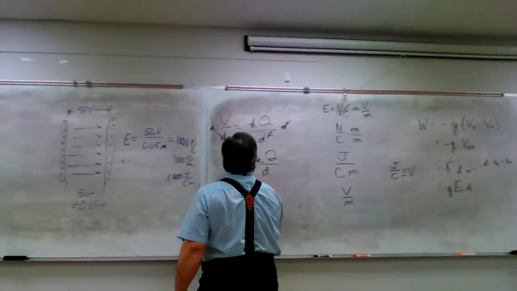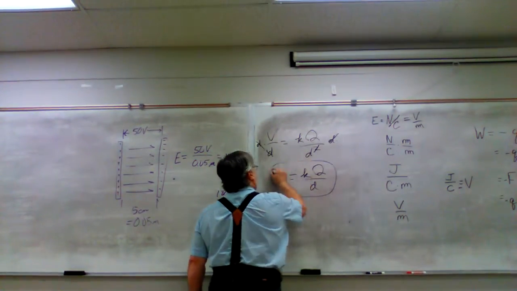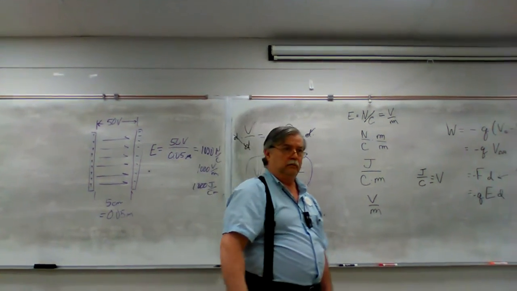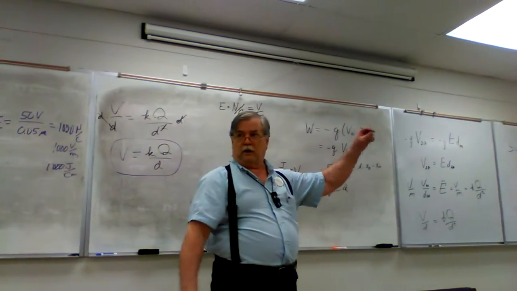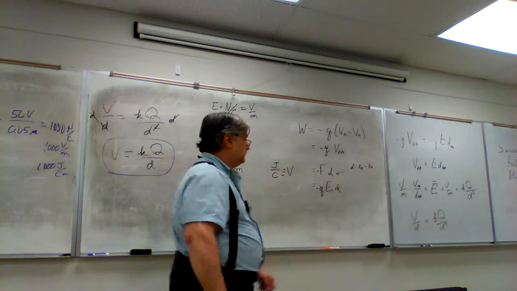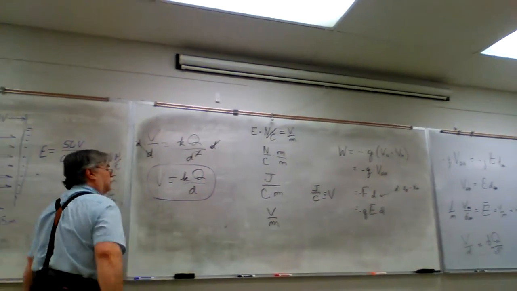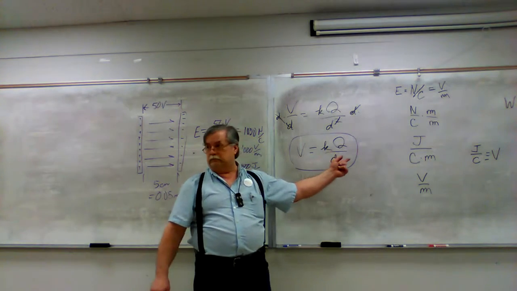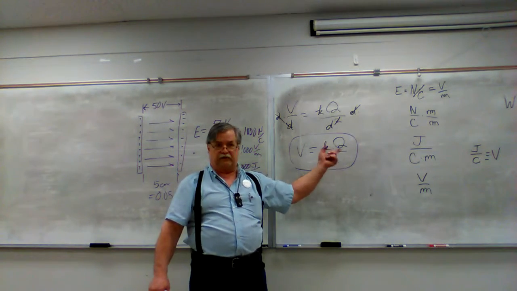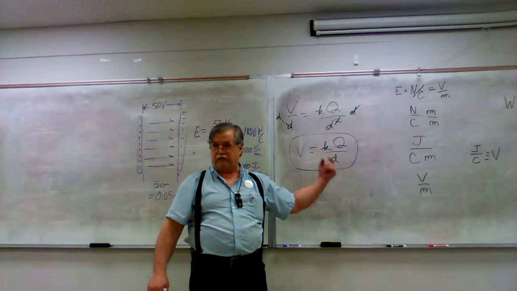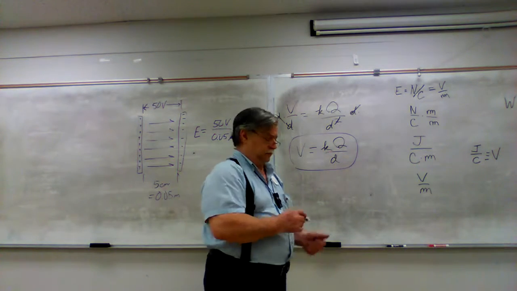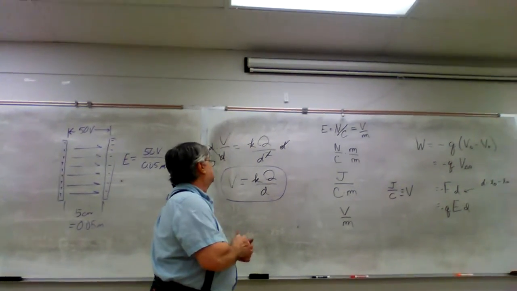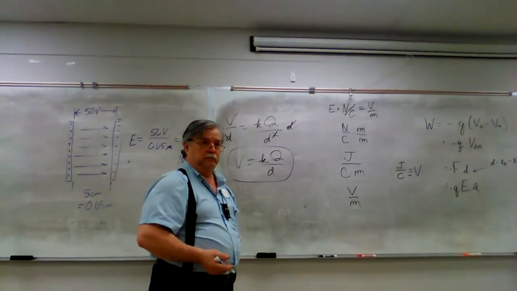Right here. You want to know the potential at some point relative to a point charge. It's k q divided by the distance to the point charge, by r. Whether we write it r or d, it's the same thing. It's how far away, what's the distance, from a point charge.